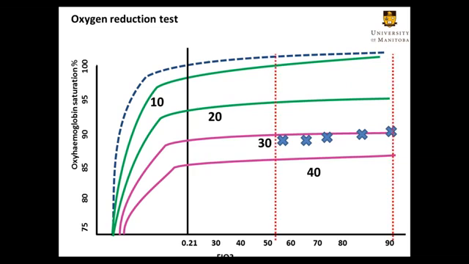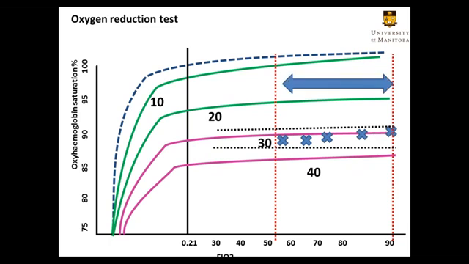So you can reduce oxygen significantly, like from 90 to 50% inhaled oxygen, with very small change in the oxygen saturation. And the same if you do the opposite. If you keep increasing the oxygen, the saturation will not improve higher than that. So you have a big change in the inhaled oxygen fraction with a very small change in the oxygen saturation.